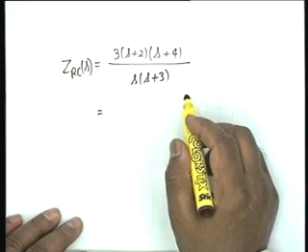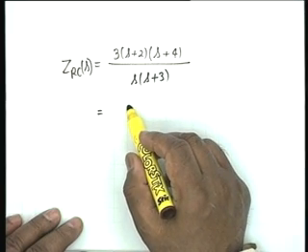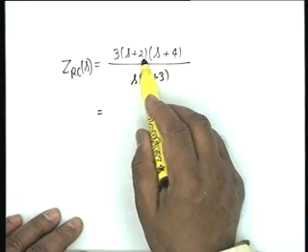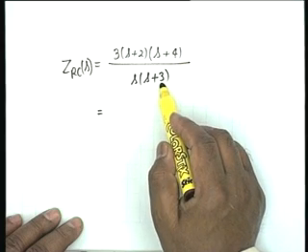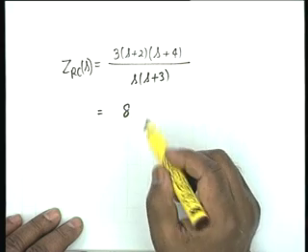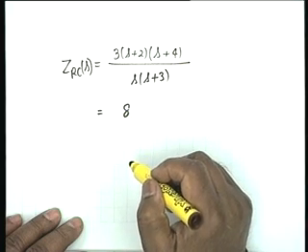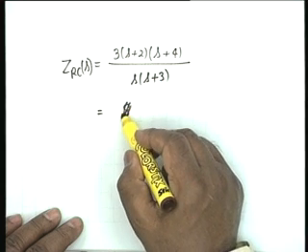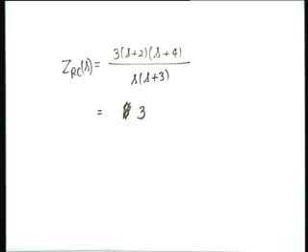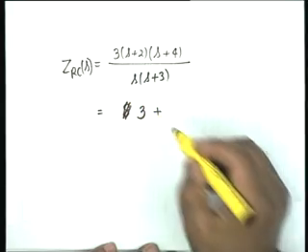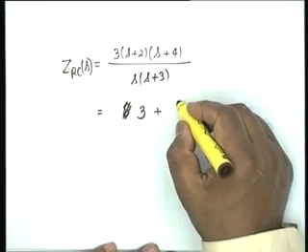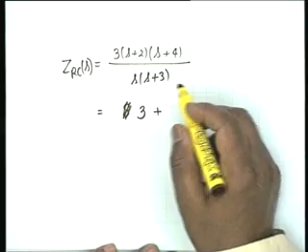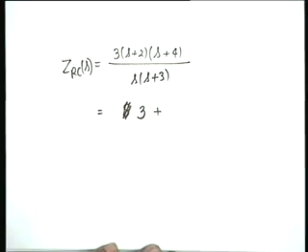What is the value at infinity? 3 times 2 times 4 divided by 8. It is 3. Plus, what is the residue at 0? Origin is a pole. 8.